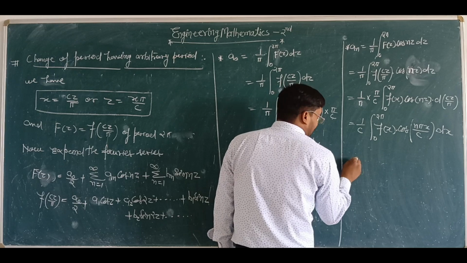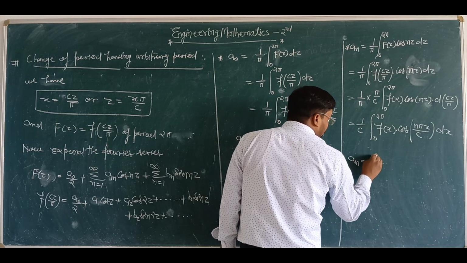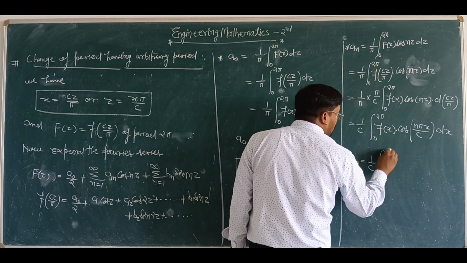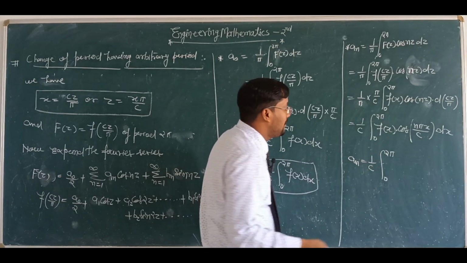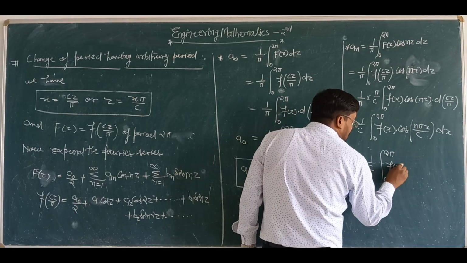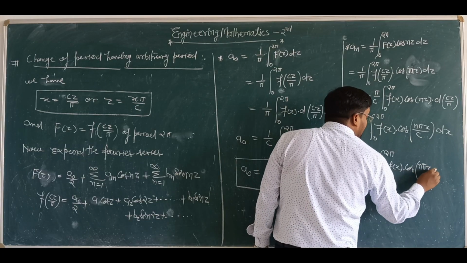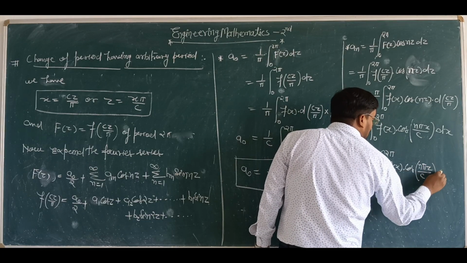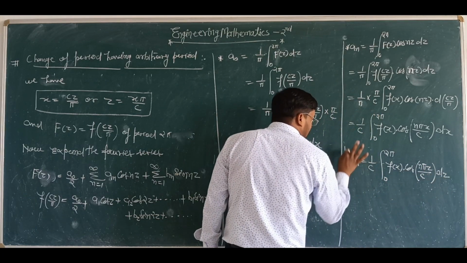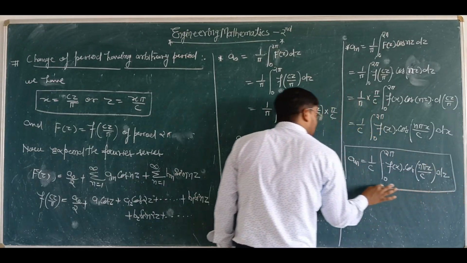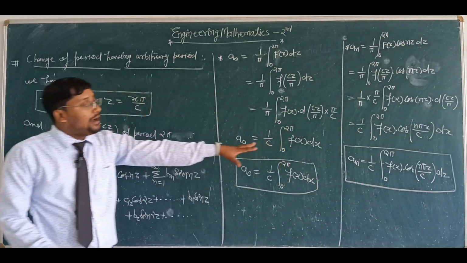This is the value of an: an is equal to 1 by c integration 0 to 2 pi f(x) cos(n pi x upon c) dx. This is the value of an for arbitrary period.